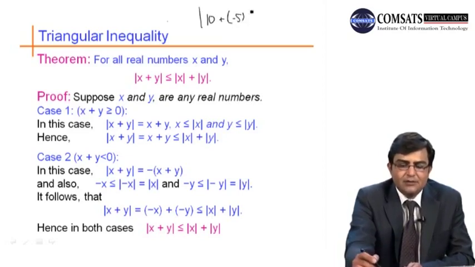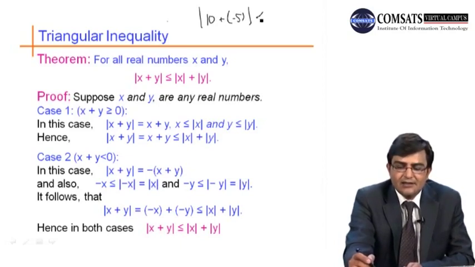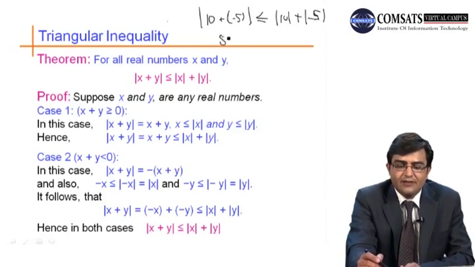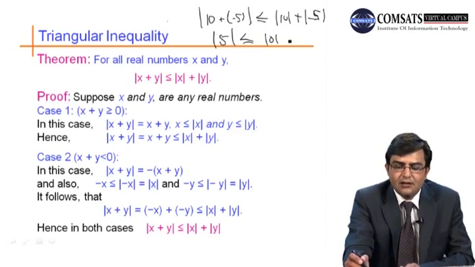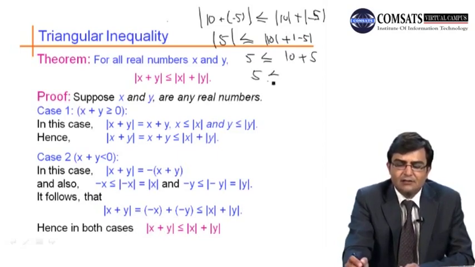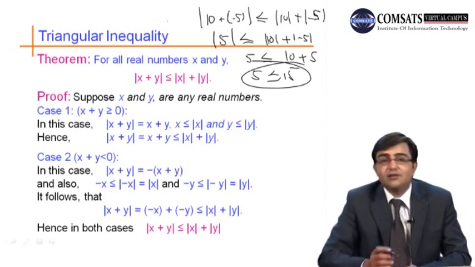The absolute value of 10 minus 5 is less than or equal to the absolute value of 10 plus the absolute value of minus 5. Is this true? Yes, because 10 minus 5 is 5, and the absolute value of 5 is less than or equal to 10 plus 5. So 5 is less than or equal to 15. So this is always true.